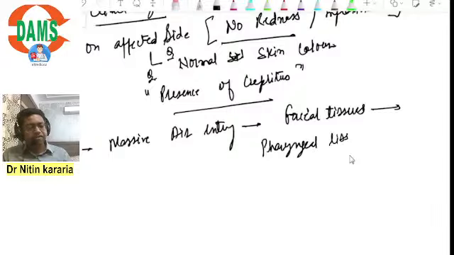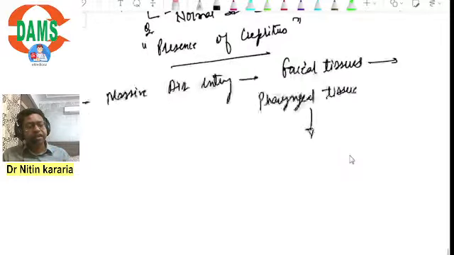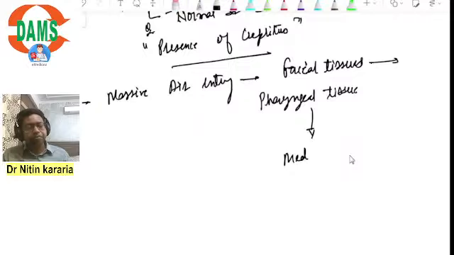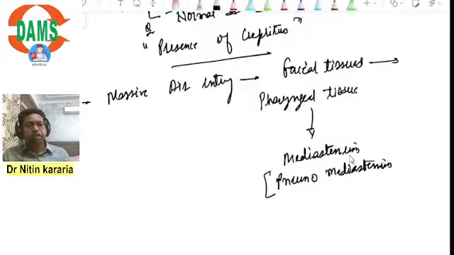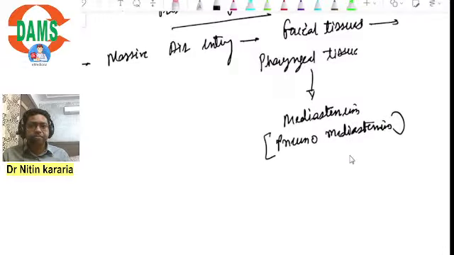There are tissue spaces continuous from the face to the neck to the pharynx, and from pharyngeal tissues it can enter into the mediastinum. This condition is called pneumomediastinum. Okay, it is a medical emergency.